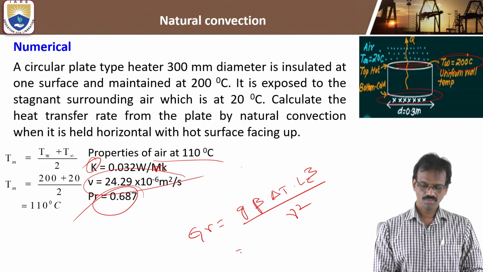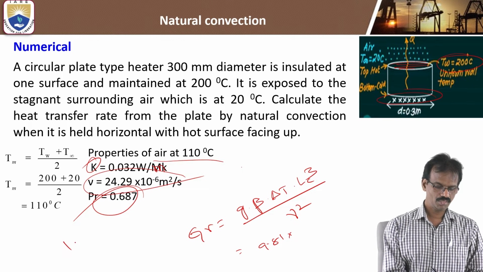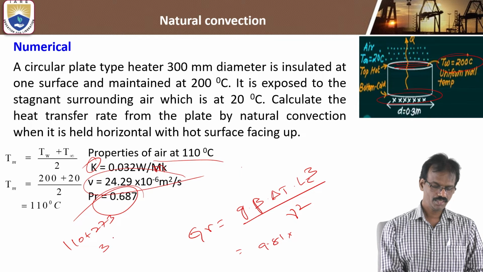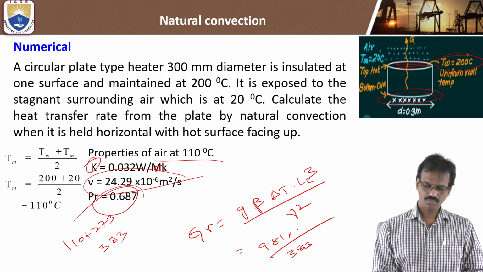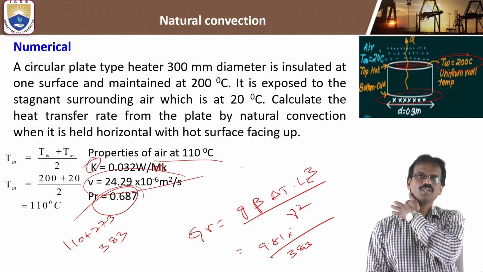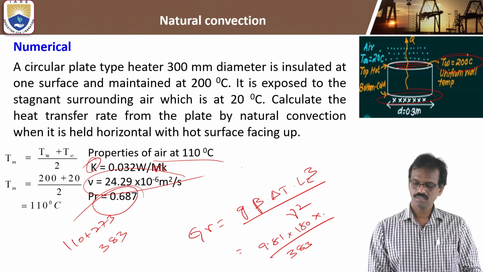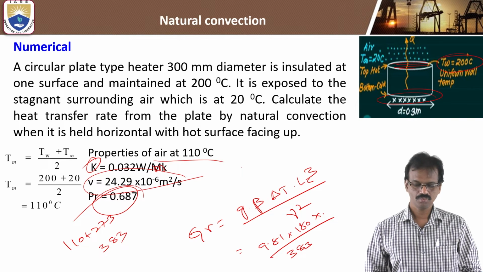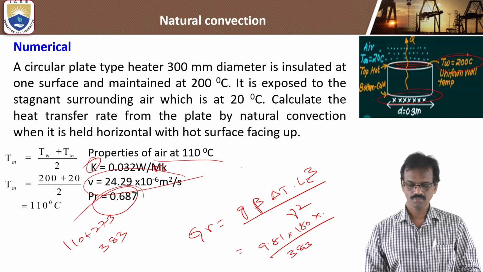So you know this is 9.81 by 1 by 110 plus 273, so it means 383, into delta T, 200 minus 20, that is 180, into Lc. So Lc is nothing but the vertical height.